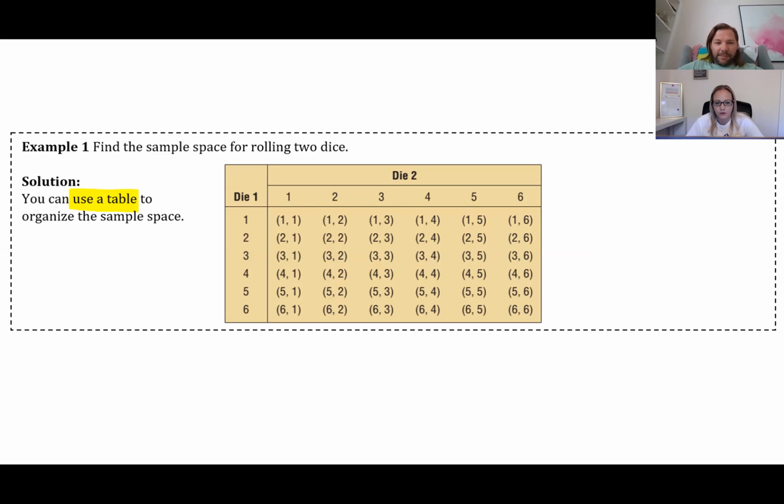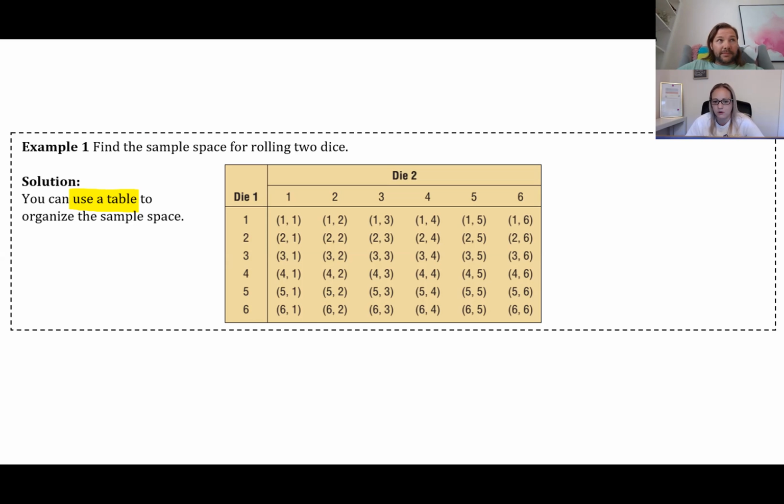Sure. So we're finding the sample space for rolling 2 dice. It's basically up to you to figure out all of your possible outcomes, or what can happen here. And one way that your textbook says you can keep yourself organized is to use a table. You have your die 1, die 2, and then you can use an ordered pair format to keep track of all of your possible pairs.